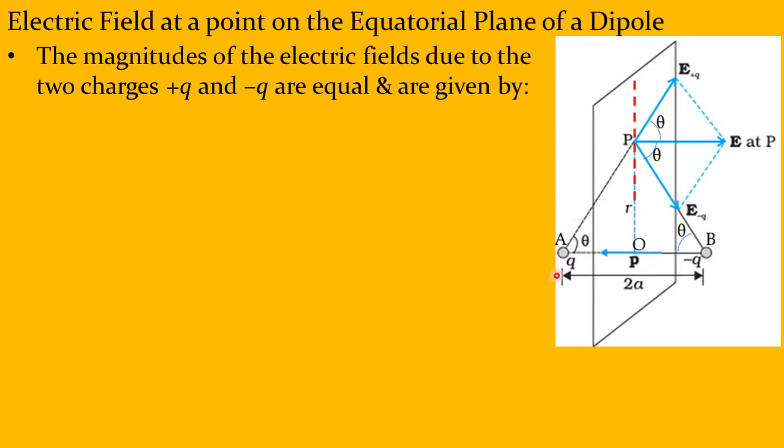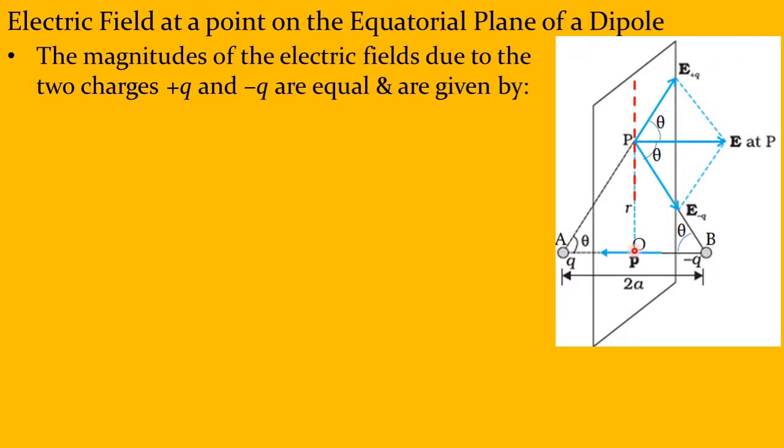Now, we have two charges, plus Q and minus Q. The magnitudes of both the charges are equal. Now, what about the distance from minus Q to point P and from plus Q to the point P? You will see that both the distances are also symmetrical. Both are equal. What is the distance from Q to P? If you see here, the perpendicular PO to the center of the dipole is r. The distance of point P from the center of the dipole is r.